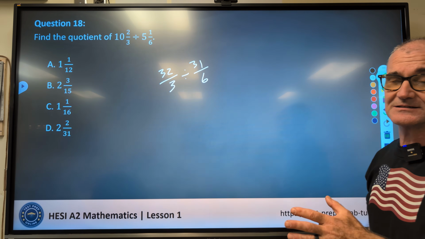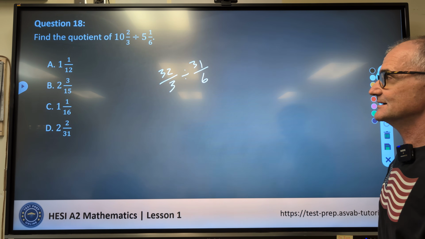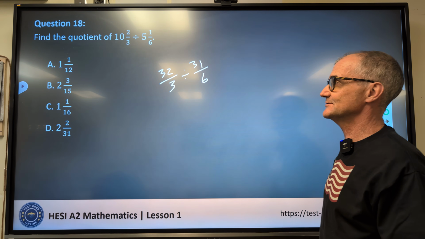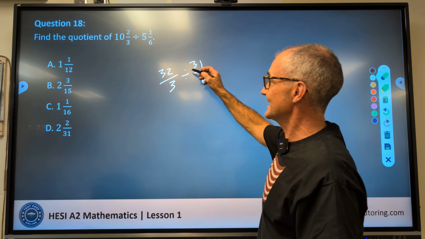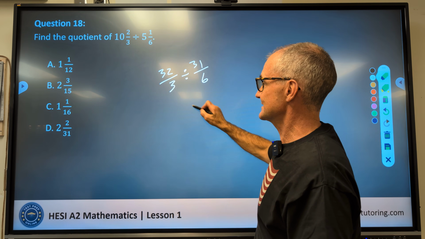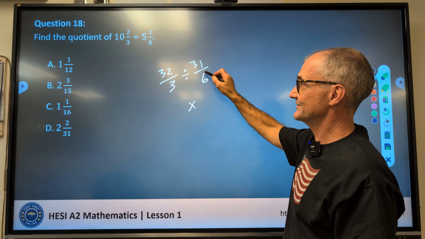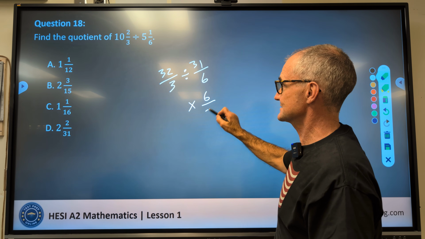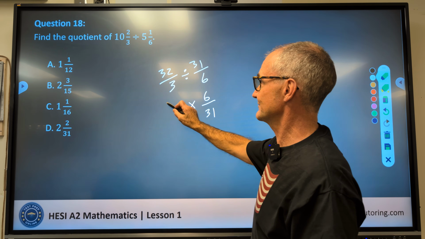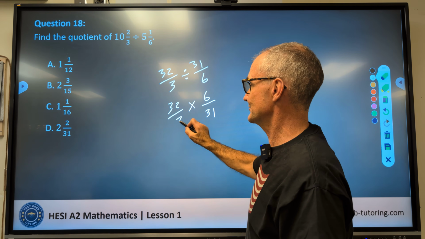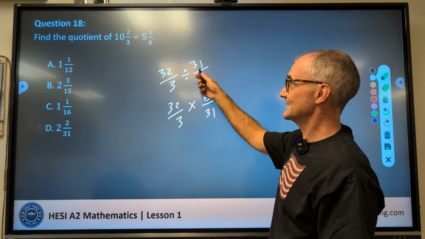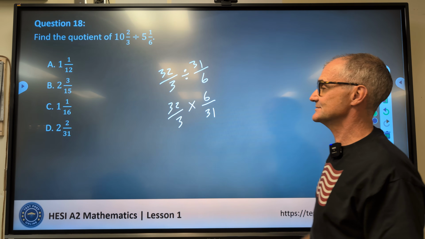Again, multiplication, division, I don't need common denominator, only for addition and subtraction. The way I divide here is I'm just going to turn that into multiplication, and I flip this term over. So 6 over 31. So I have 32 over 3 divided by that, which means multiplied by the reciprocal.